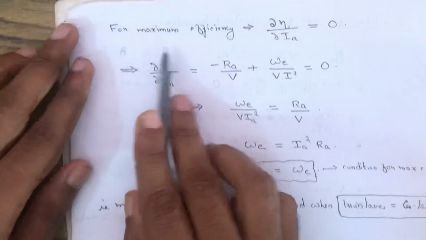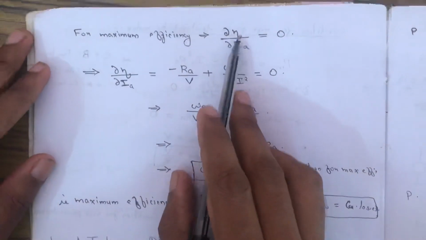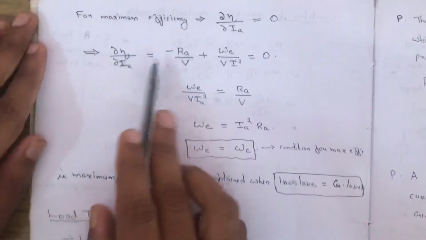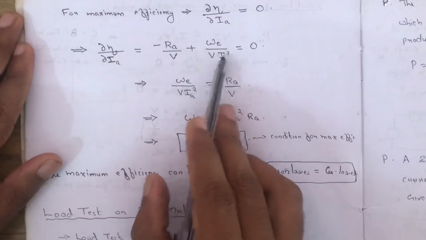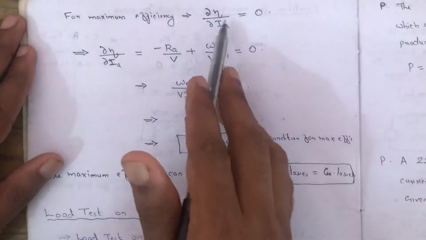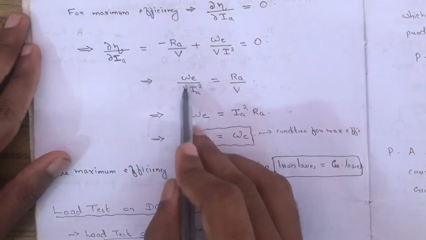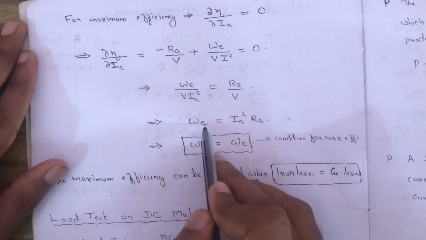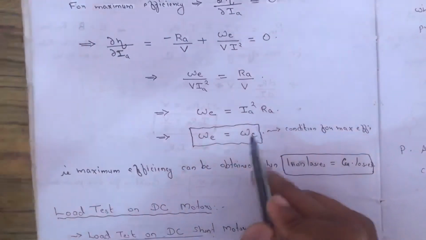So dη by dIA is equal to minus RA by V plus WE by V I_A square. Equating it to 0, we get that the iron and friction losses are equal to IA square RA, which is the copper loss.